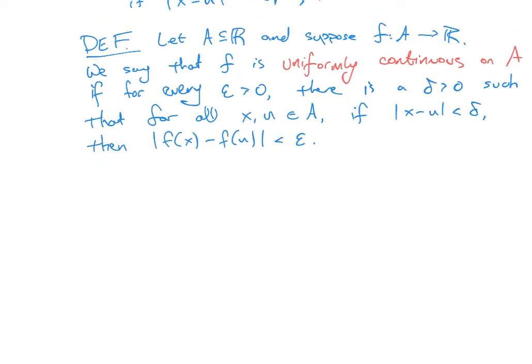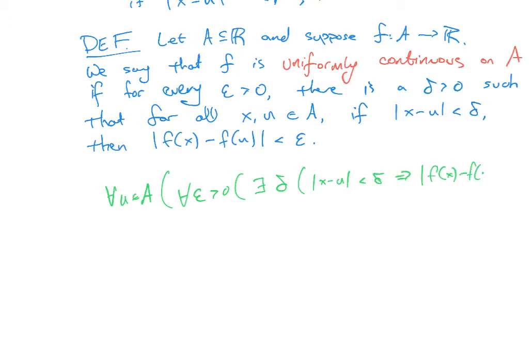So, in the old continuity, it said, for all u in A, for all epsilon, there exists a delta such that |x minus u| less than delta implies |f of x minus f of u| less than epsilon.